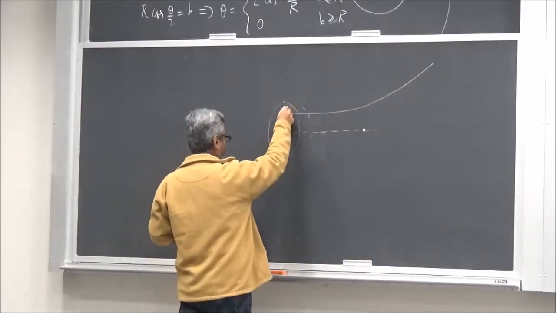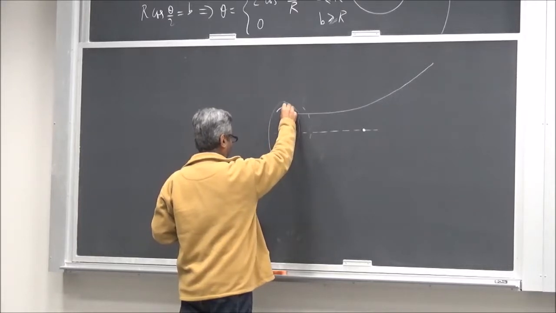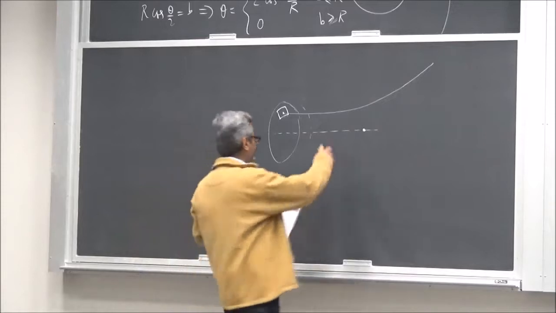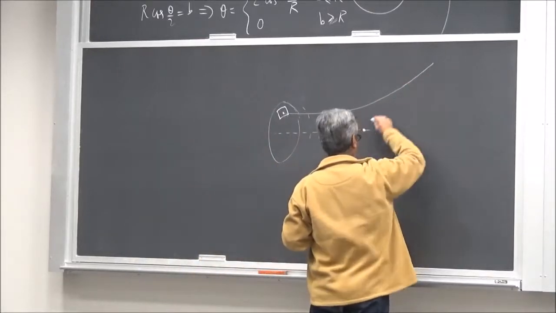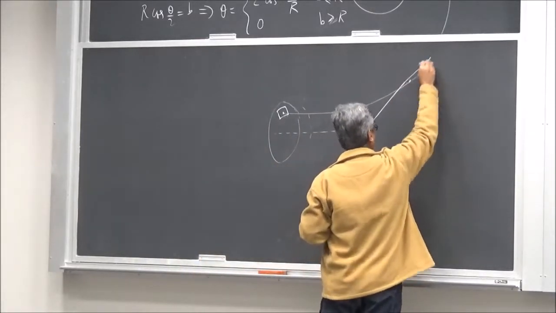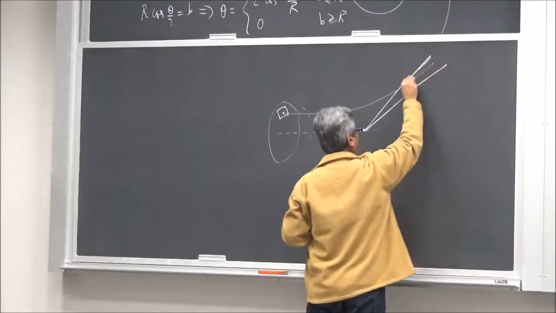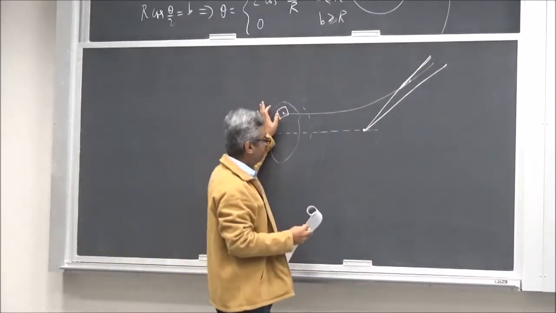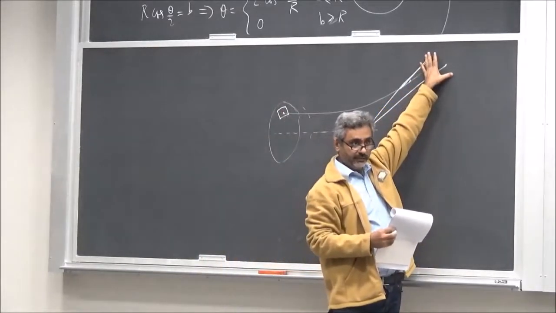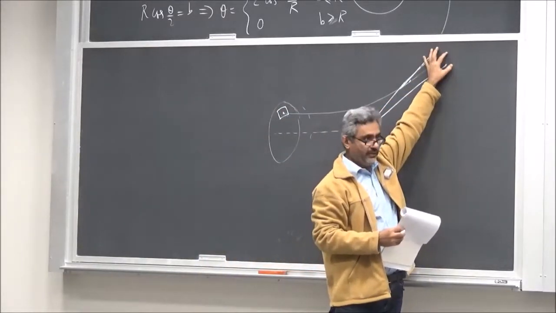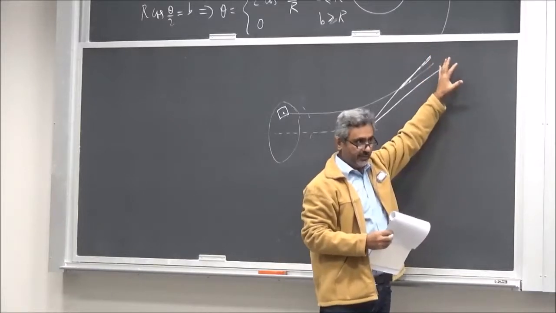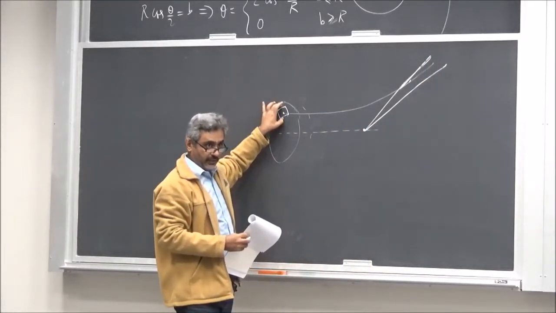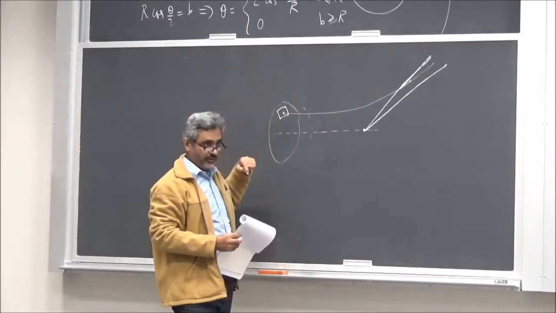But if you were to take a region, this will go into a region here. All of these particles will go in this area. So if you have a detector here, which has this much area, let's say, it will detect all of the particles coming in this part.